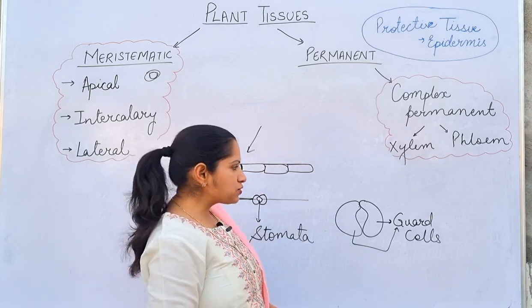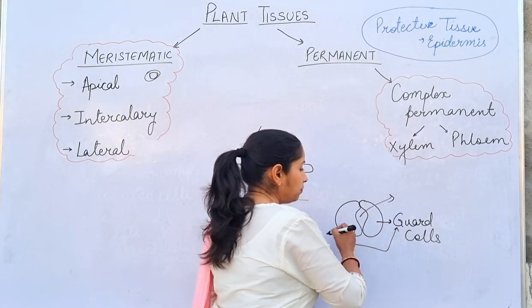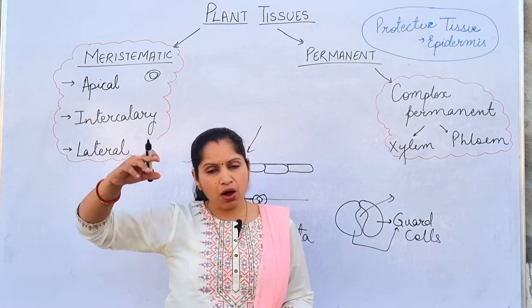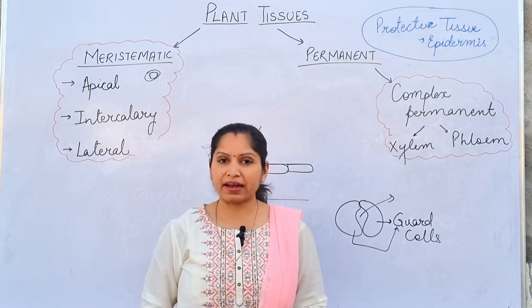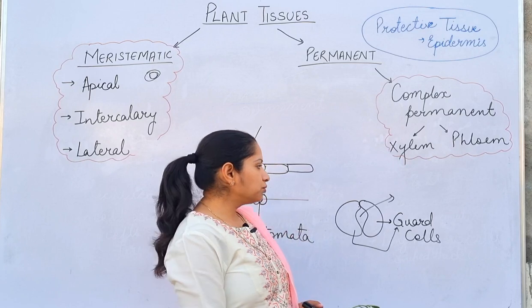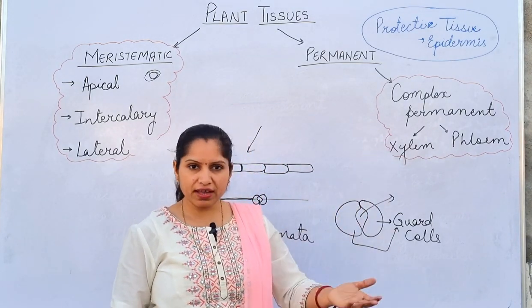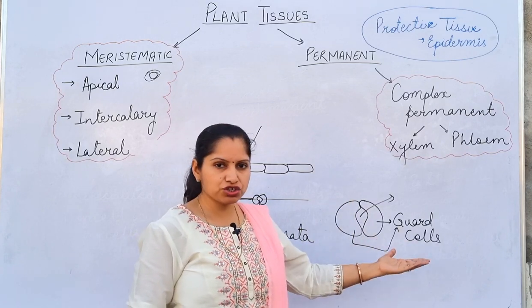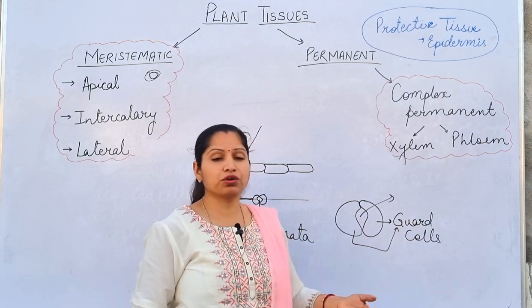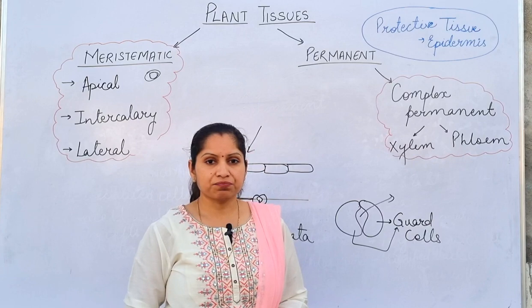Apart from that, excess water from the plant also goes out of the plant through the stomata only. So the stomata provide the space for the diffusion of gases and for the transpiration of water, that is, evaporation of water from the surface of the leaves.